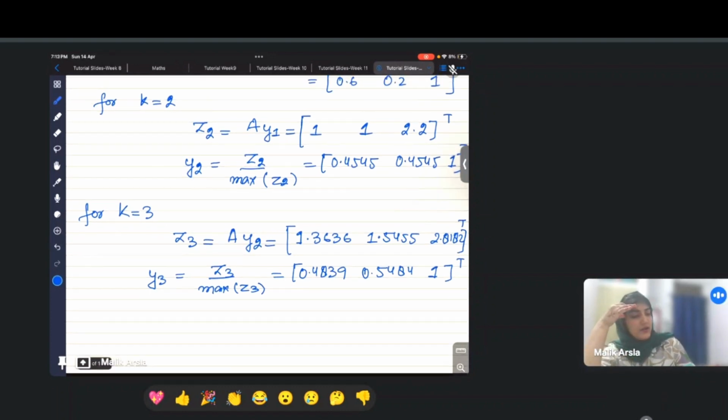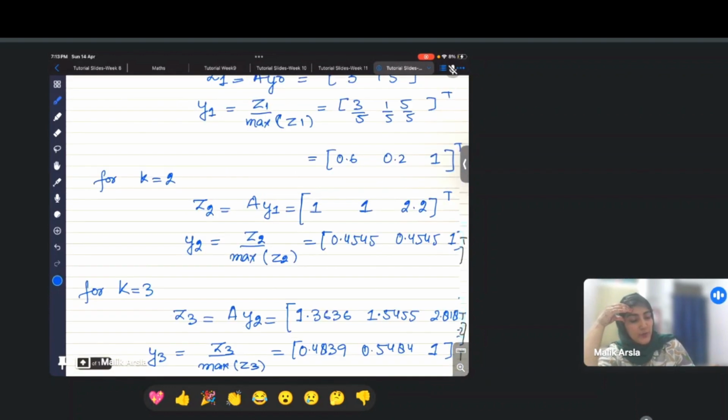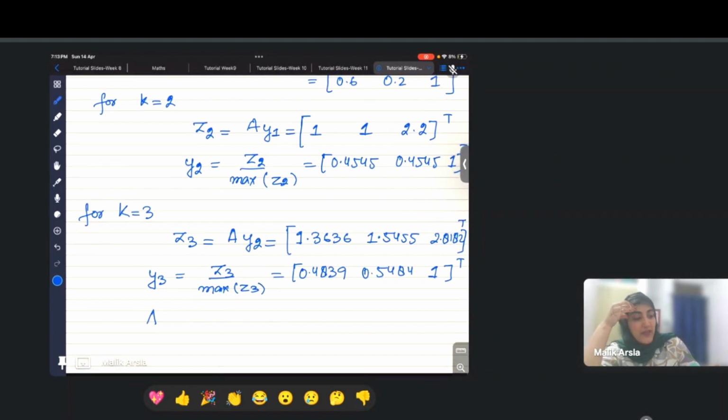Now here you have to stop. So now to find the eigenvalue, because in the question it was given that you have to take up the third iteration now, we know that A Y2 is equal to lambda Y2. That is basically what the eigenvalue means.